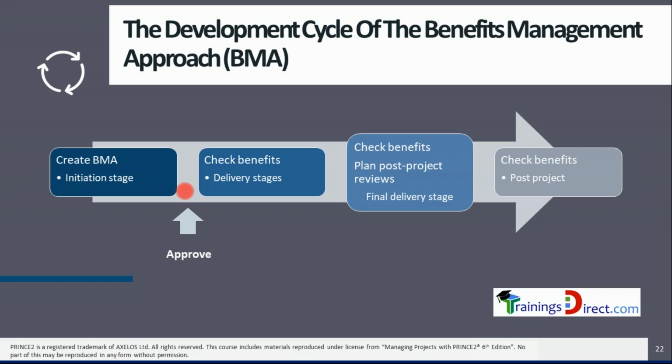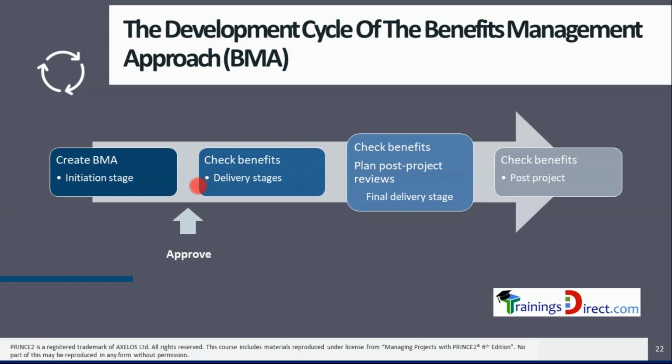While the business case also lists benefits, they are rather summarized instead of describing what each benefit is and who are the owners and how they would be tracked, etc. Once the benefits management approach is approved, then the benefits will be checked in each of the delivery stages. And because we already know that benefits will be realized and confirmed also in the business case, you might feel that this is repeated here.